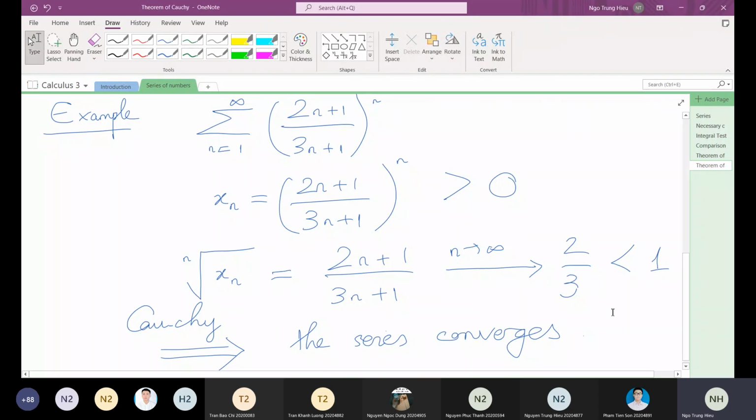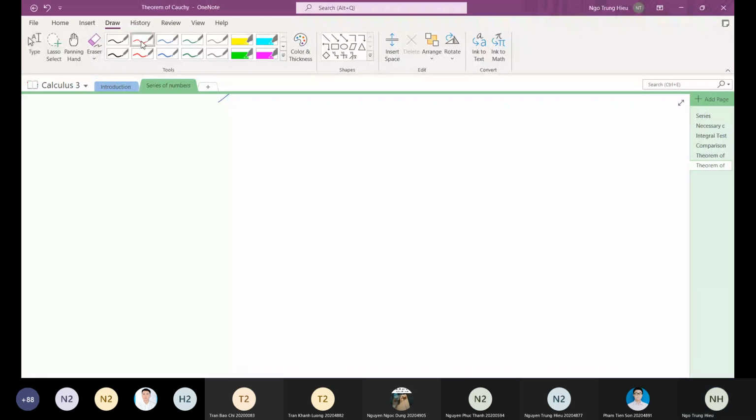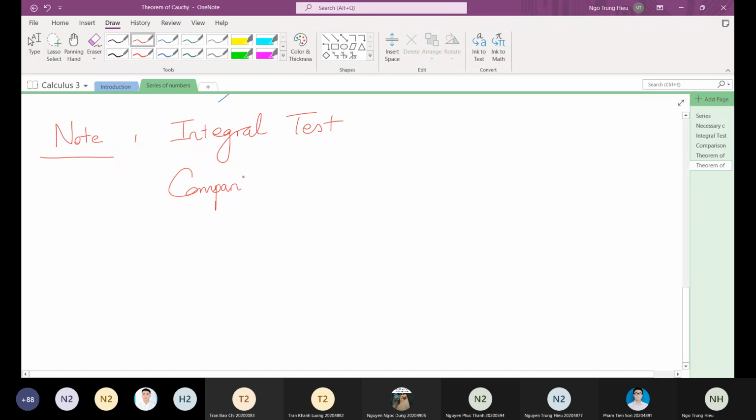Next we have the integral test, the comparison tests, two comparison tests, the D'Alembert theorem, and the Cauchy theorem.